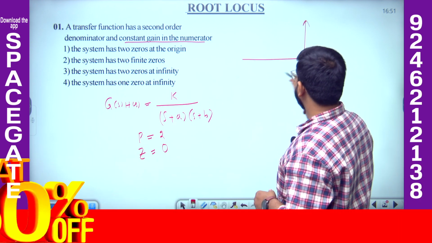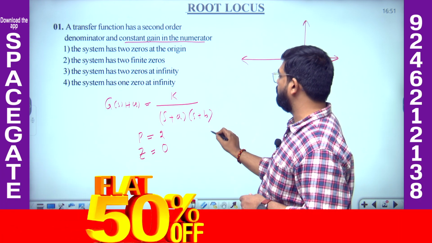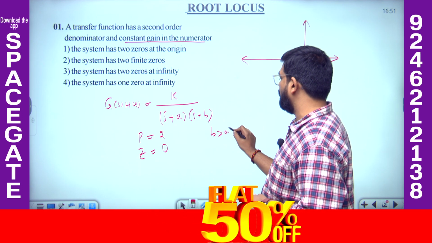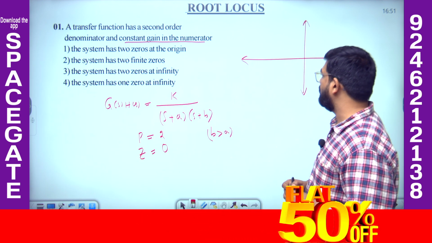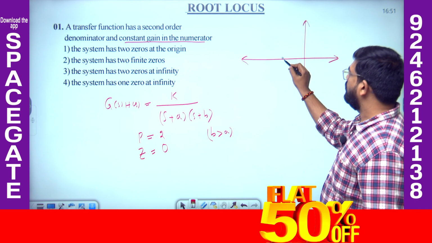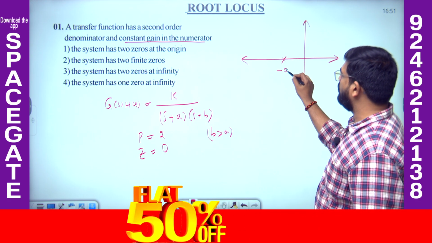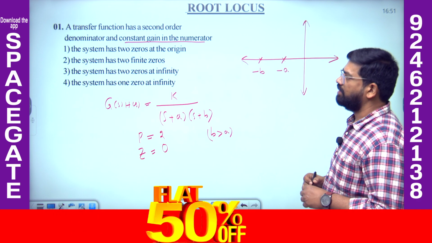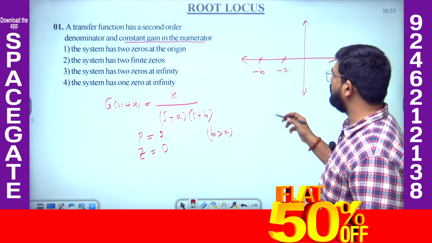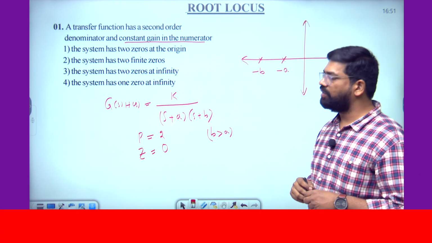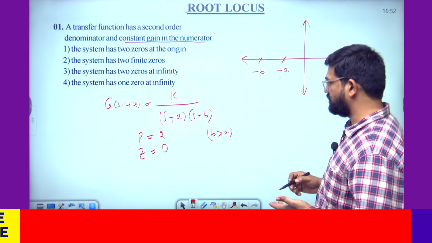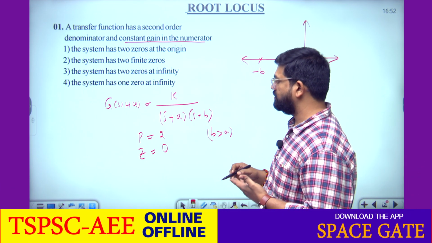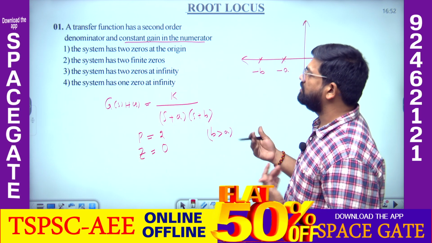Suppose I assume that b is greater than a. One pole is located at minus a, another at minus b. So definitely we will have two branches.